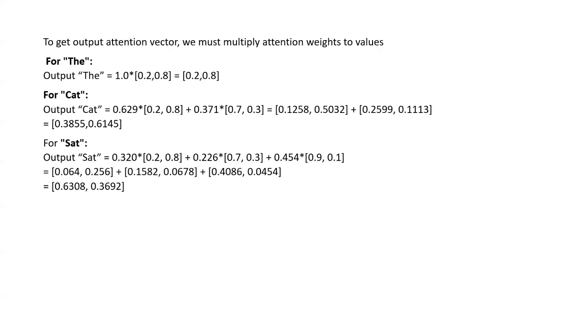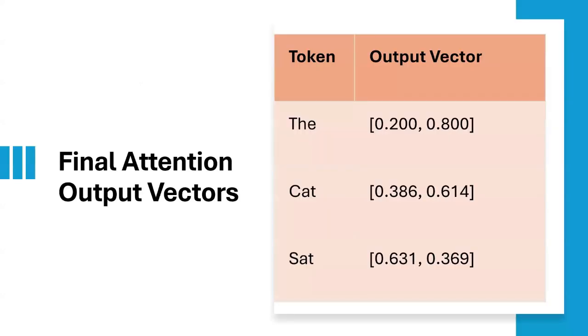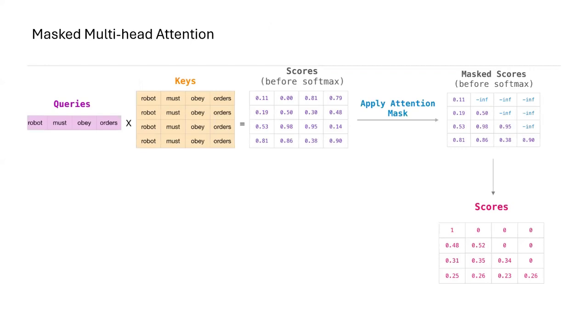So here we have calculated the attention score after applying softmax. So finally we will get this output vector after the masked multi-head attention steps.